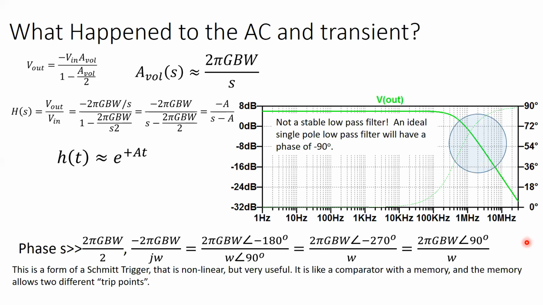Because what it is with Schmitt triggers, it depends on what state it was in before it does the next thing. And how does it do that? It does it with a capacitor and positive feedback, right? So positive feedback can be useful, but not always.